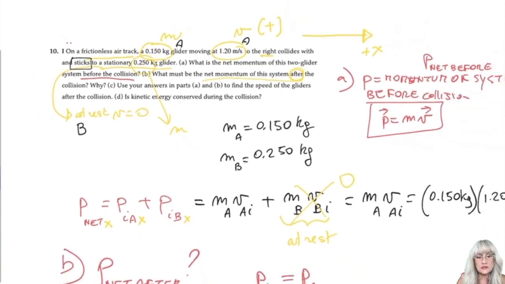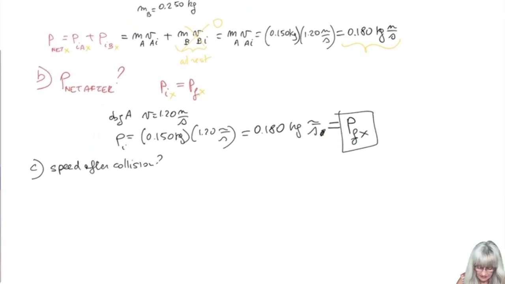So imagine the situation. Imagine this is B, stationary at rest. Here is A moving toward it. This is before.